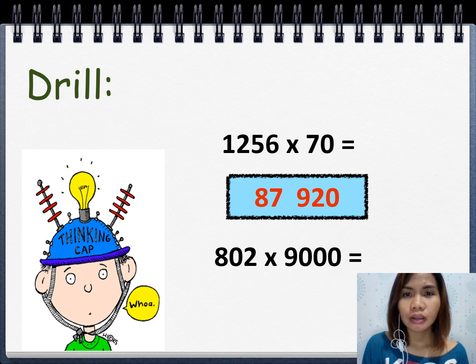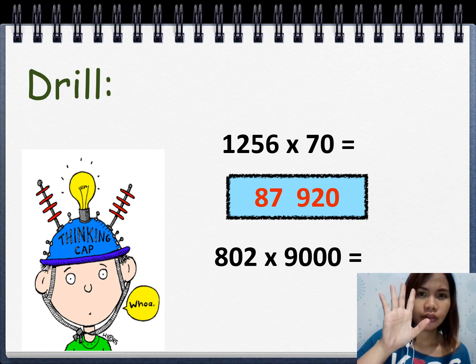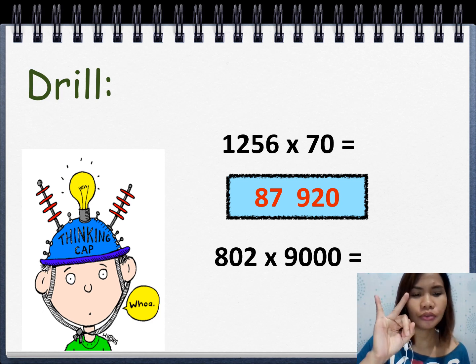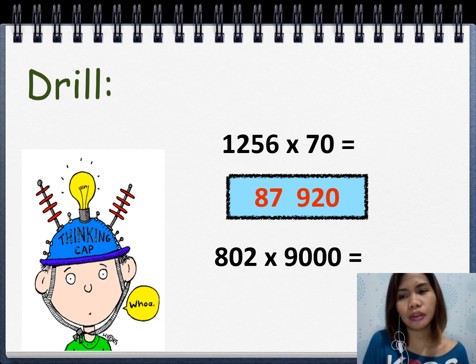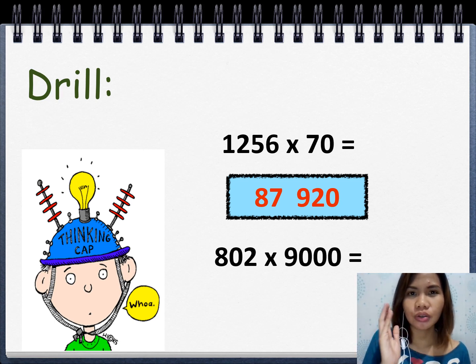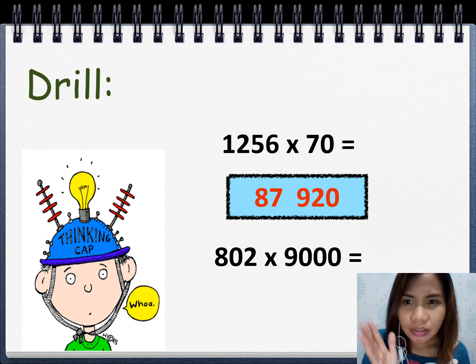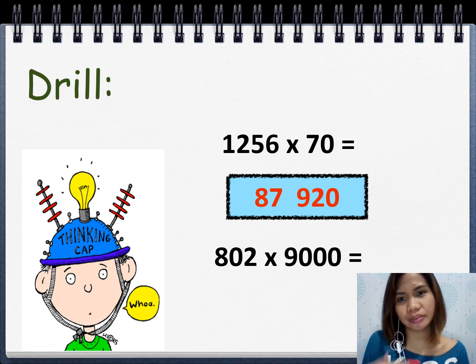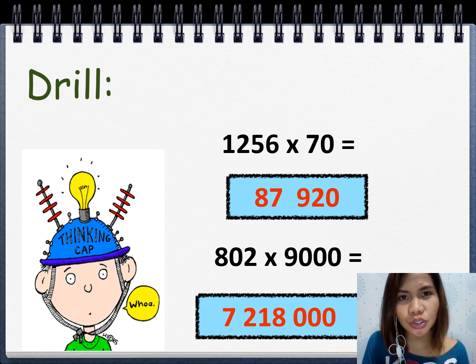Okay, and 5, 4, 3, 2, 1. Okay, the correct answer for this one is you can do 802 times 9 times 1,000. So the answer is 7,218,000.